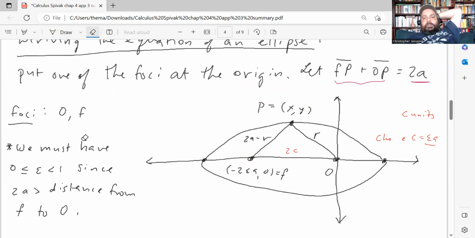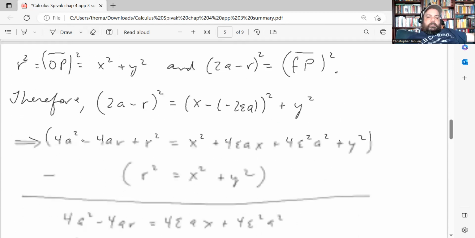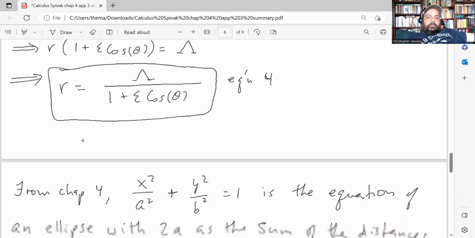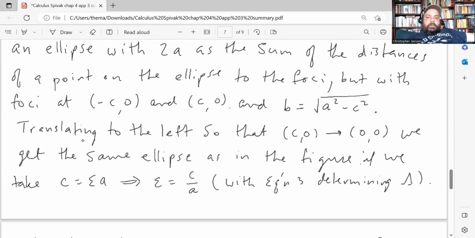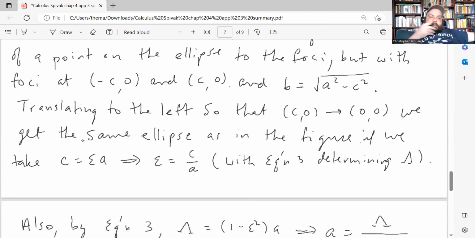All right, and using that fact, here I'm just saying what I mentioned a minute ago. Using the fact that we're taking c to be epsilon a, you can solve for epsilon by dividing by a because it's not 0.